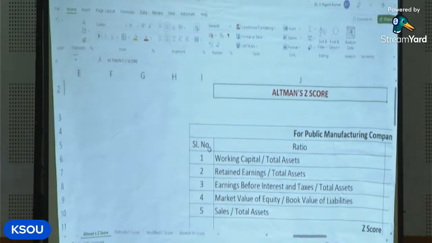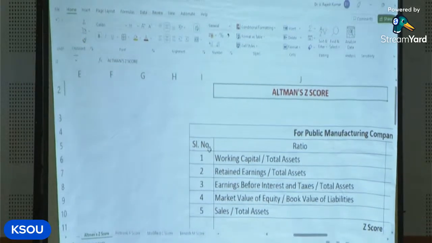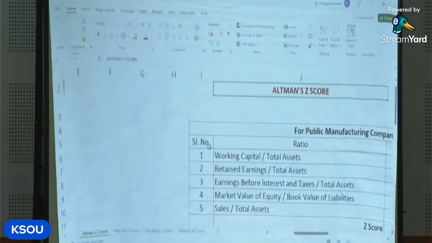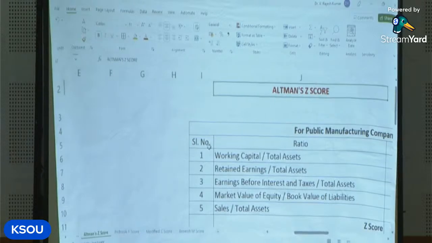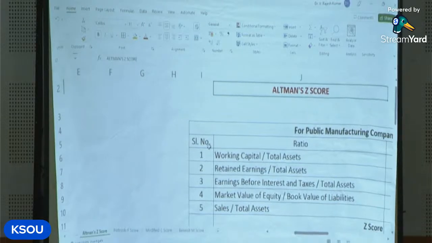Public limited companies manufacturing in the US. Later, he also came up with one for private companies, a small change. Then, why only the US, a developed economy? He also came up with a model for emerging countries like India, to find whether any company will go bankrupt in the next 2 years or not.